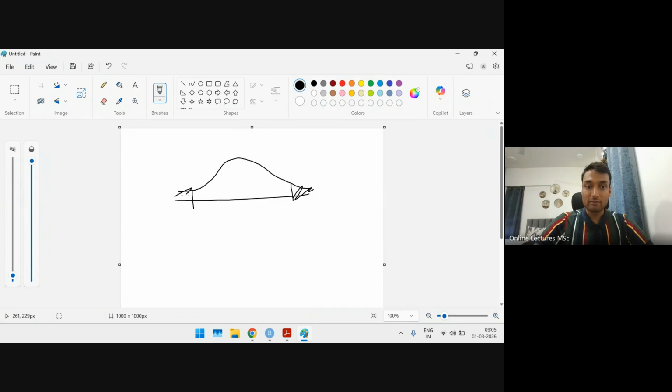So alpha by 2 error gets cut off here, right? And this area under the curve is nothing but 1 minus alpha. So technically this was nothing but the quantile points you used to gather, right?